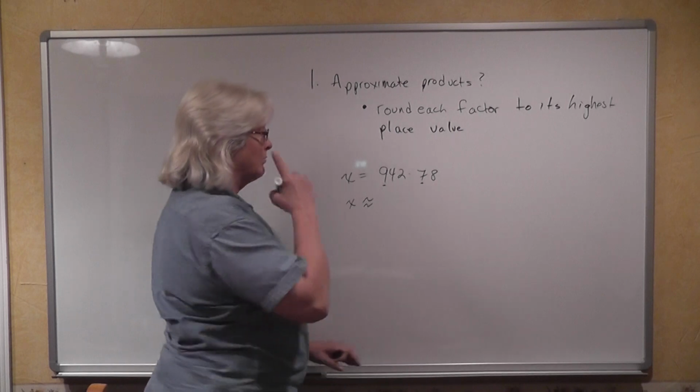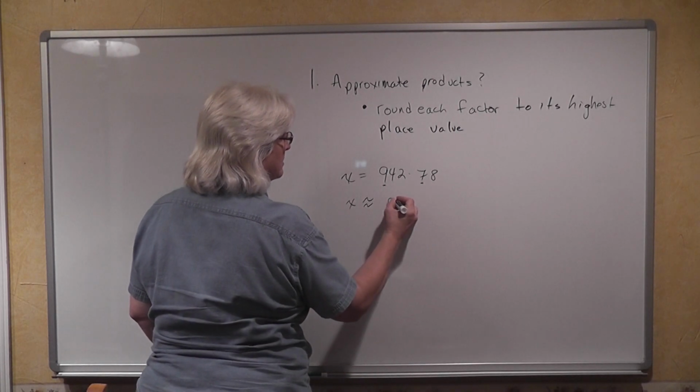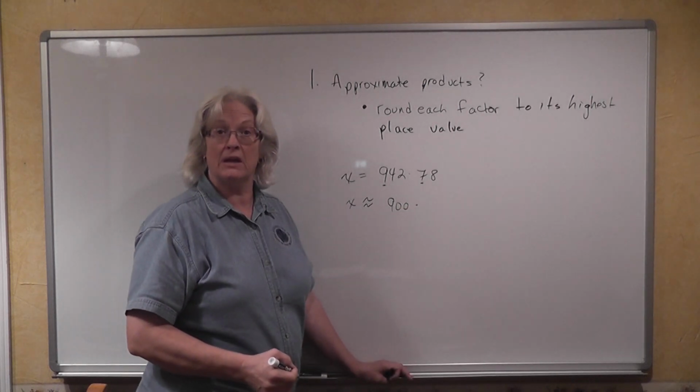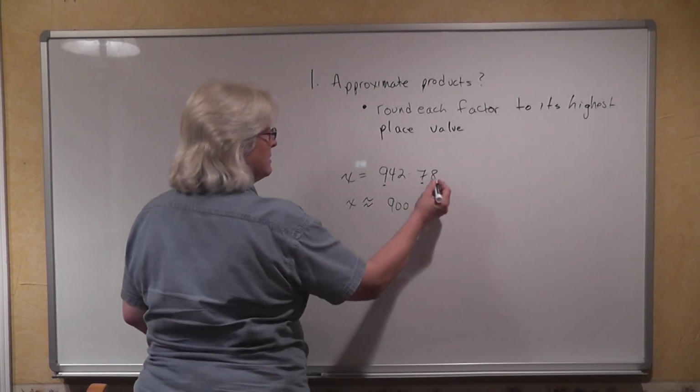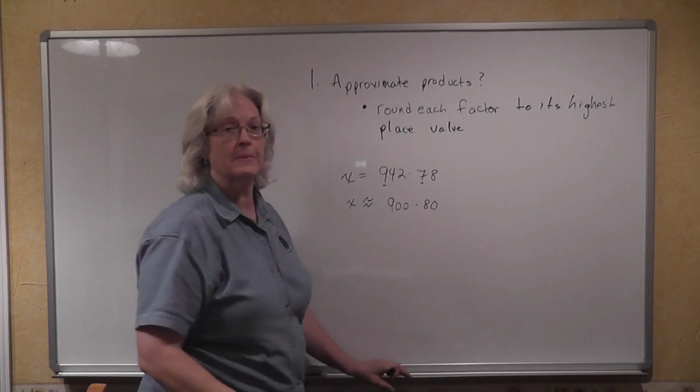942, we will round to the nearest hundred, so we have 900 times 78 to its nearest 10. 78 rounds to 80.